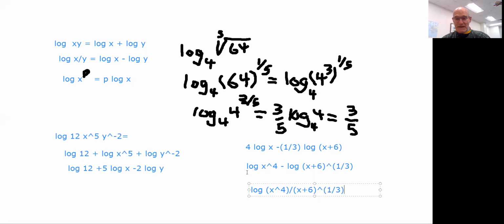Because if I'm adding, I multiply. If I'm subtracting, I divide. So those are the types of problems that we did today in class. If you look through your homework assignment, you've got basically one of each. There's one other type of problem I can show you here.